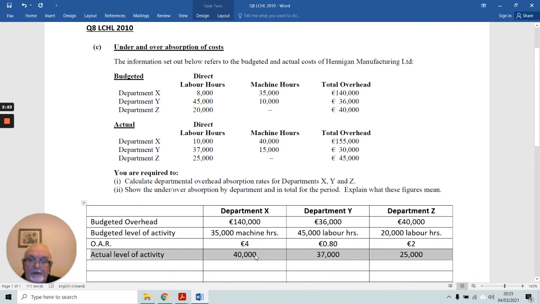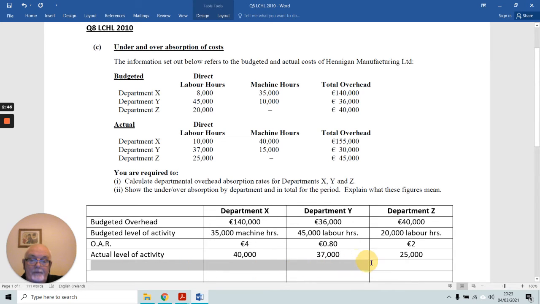So it means that in Department X, we charged out €4 per hour for 40,000 hours. In Department Y, we charged out 37,000 hours at 80 cents each. And in Department Z, for every hour of labour, which there were 25,000, we charged €2.